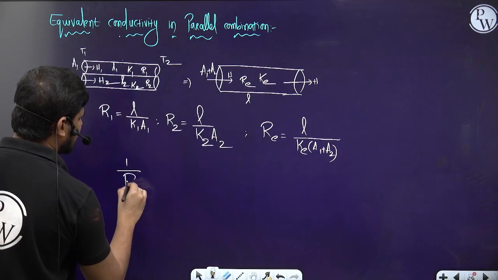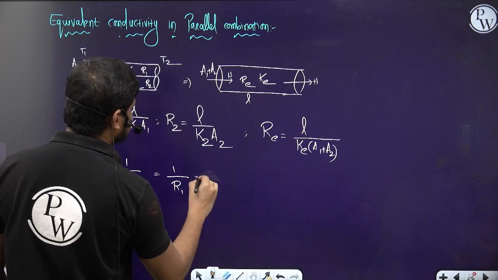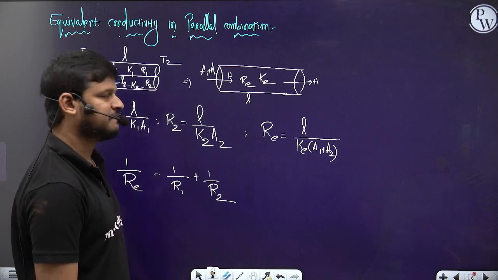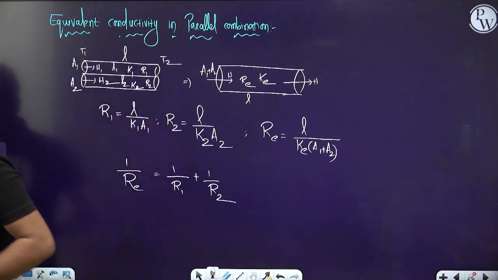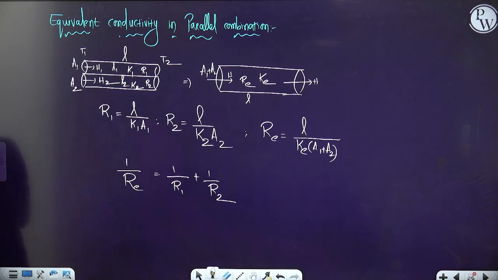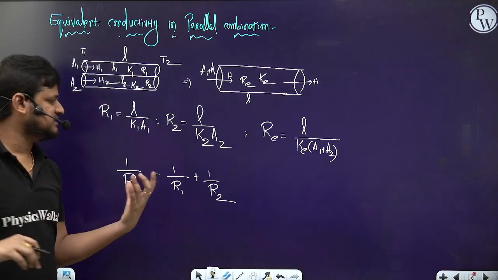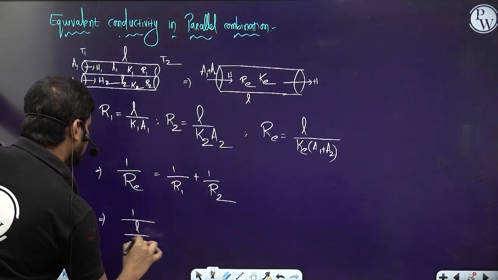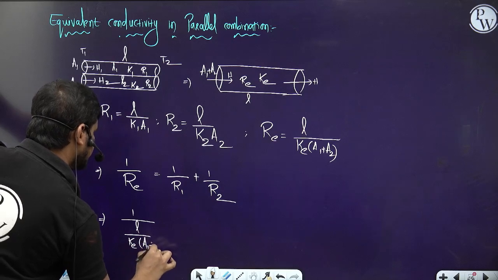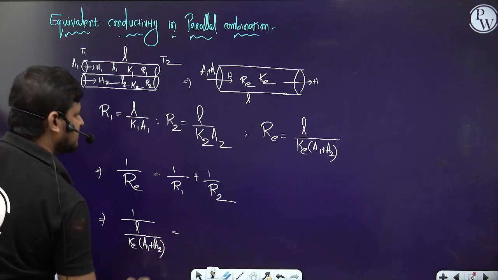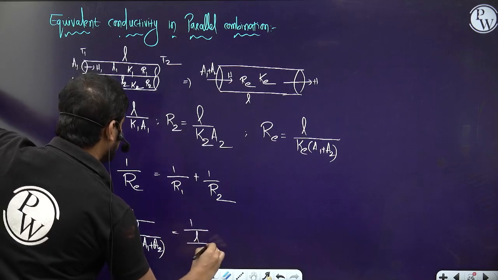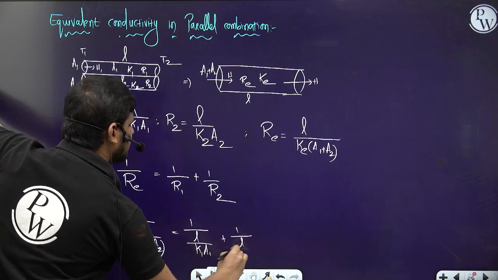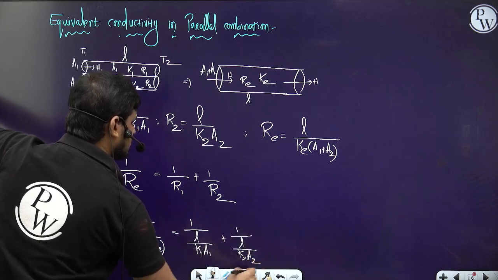So 1 by R equivalent is equal to 1 by R1 plus 1 by R2, where L1, L2 equal the length L I am taking. Substituting the values: R equivalent is L by Ke into (A1 plus A2), which equals 1 by (L by K1 A1) plus 1 by (L by K2 A2).